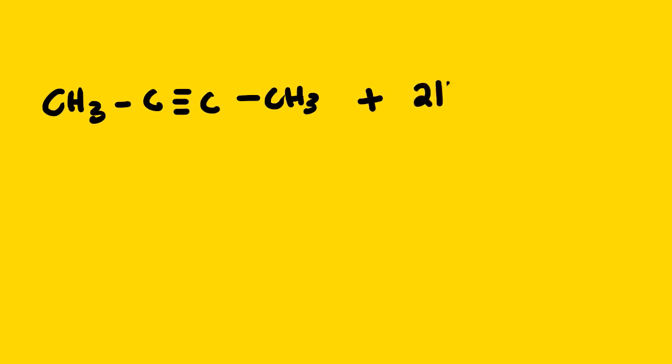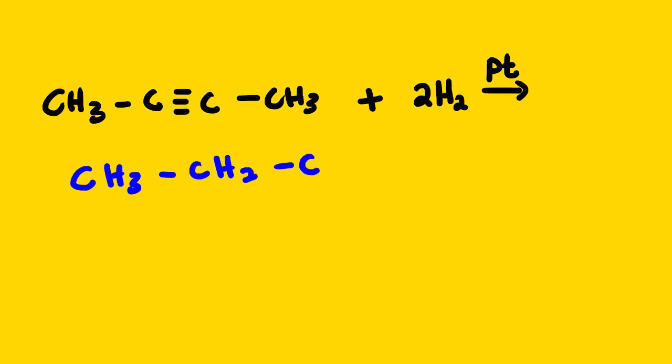So we put 2 hydrogens in the presence of a catalyst. This will give us an alkane. So it's CH3, CH2, CH2 and CH3.